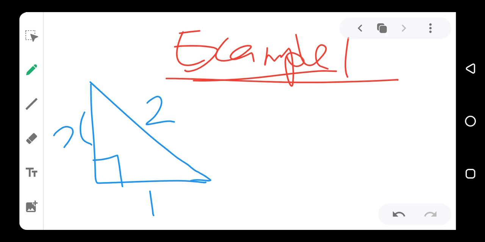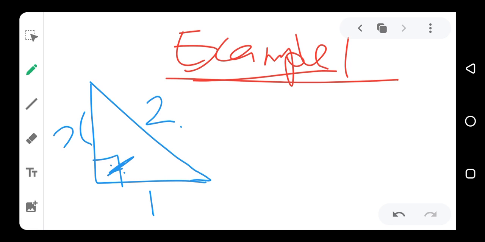Now this is a right-angled triangle. Why? Because we have angle 90 degrees inside it. This is angle 90 degrees because it has a pointed or sharp curve, which means a perpendicular angle. So if this place is 90 degrees, it means that the side that is facing it is the hypotenuse. That means that 2 is the hypotenuse side.